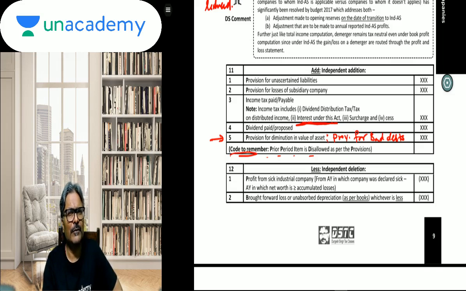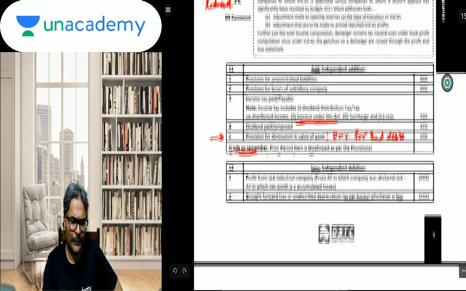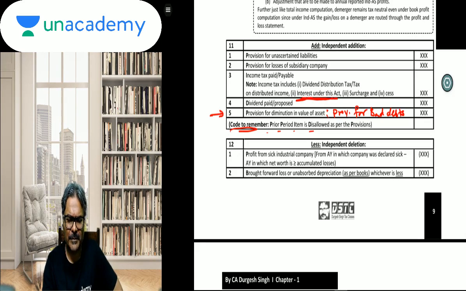And therefore, profit from sick industrial company from the assessment year in which the company was declared sick till the assessment year in which net worth is greater than or equal to the accumulated loss. The moment the net worth goes beyond the accumulated loss, you will no longer be considered a sick unit. Only then will you not be considered a sick company.